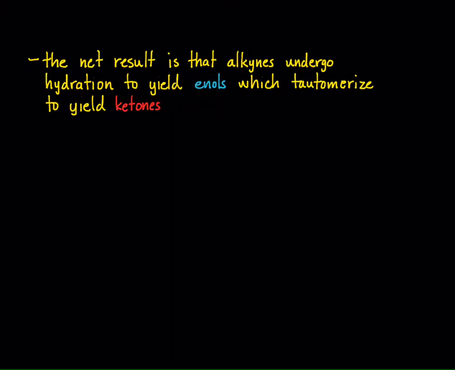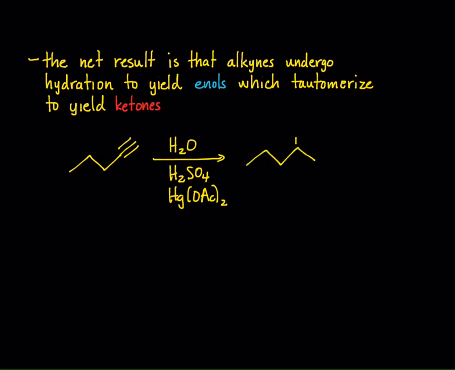So that's an important little twist, recognizing the similarities between hydration and hydrohalogenation of alkynes. So the first step is very similar, but the second step is quite different, right? So now when I have an alkyne, I react it with water, sulfuric acid, and mercury acetate. I get a ketone. So here I have 2-pentanone.